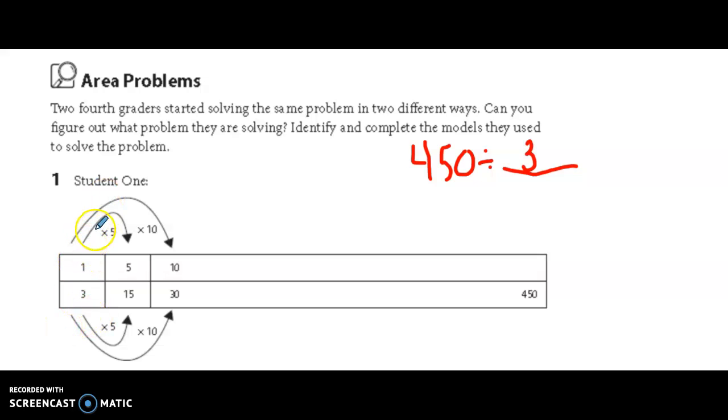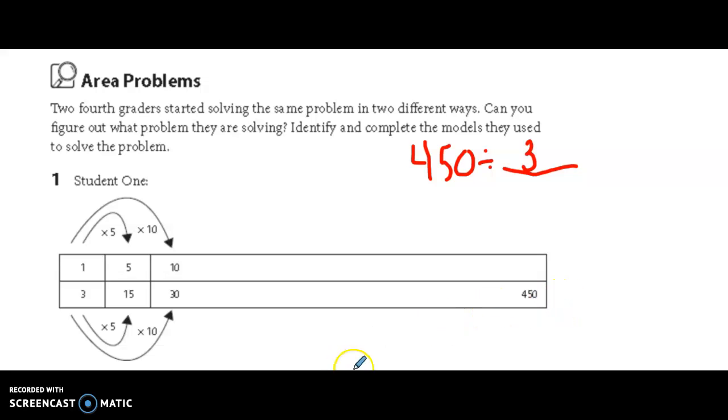Okay, so they've done some things for us. They first did a jump of multiplying by 5 to get 5 groups. And whatever I did to the 1 to get to my 5, I do to my 3. So because I multiplied 1 by 5 to get 5, I have to multiply 3 times 5 to get 15. Well, then they said, I know 1 times 10 is 10, and 3 times 10 is 30. See, we're getting closer and closer.